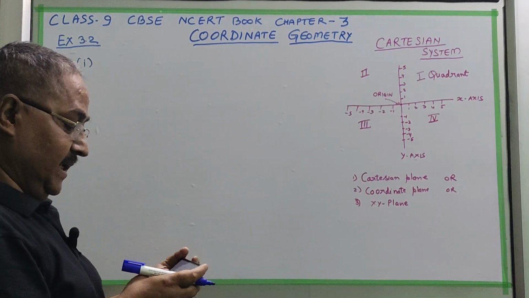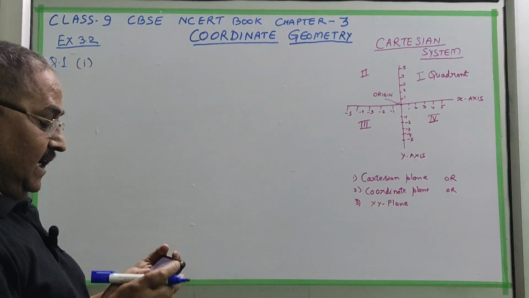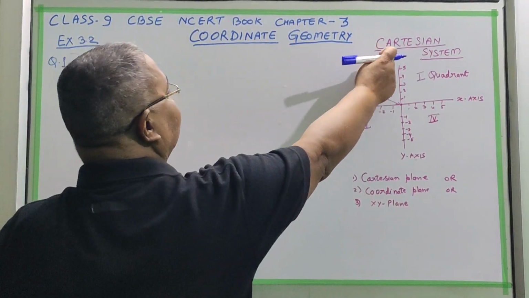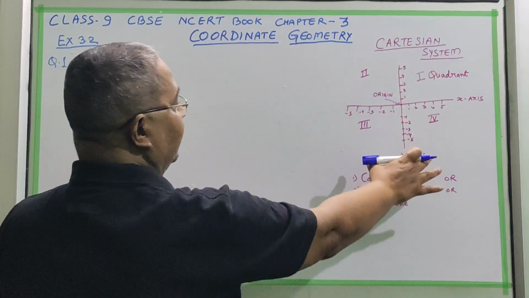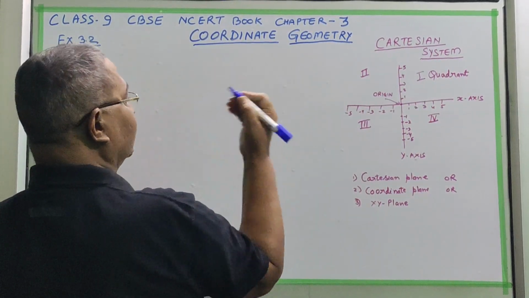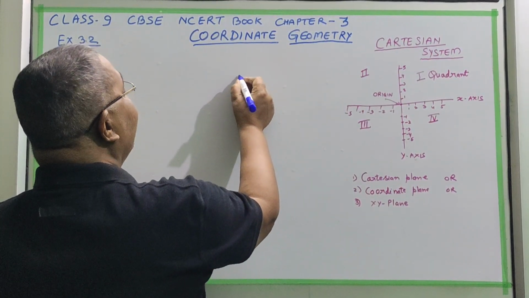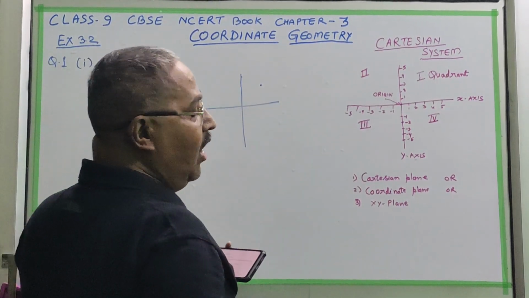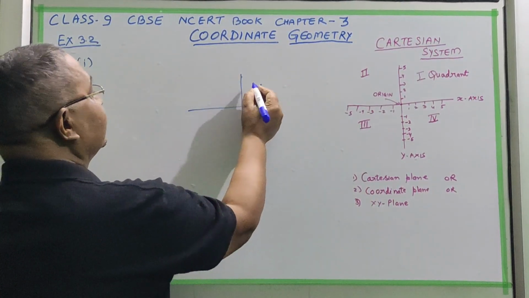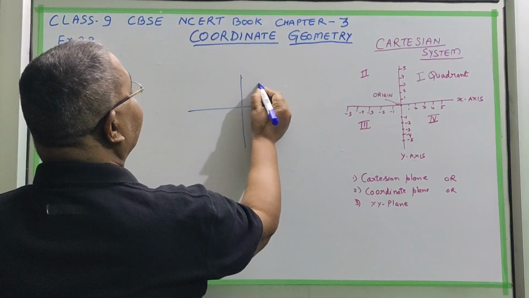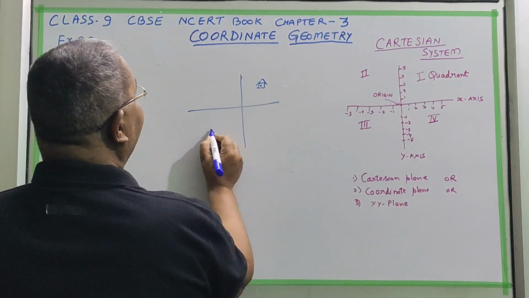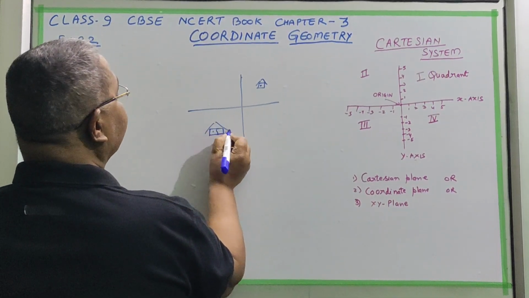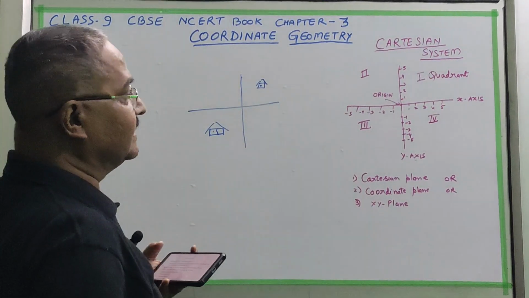So here two words are there: one is Cartesian plane and one is horizontal and vertical lines. Cartesian plane means one mathematician, Cartesian, developed this thinking that if on a plain paper we want to describe any point, this is the place or this is the school, how will we describe it?